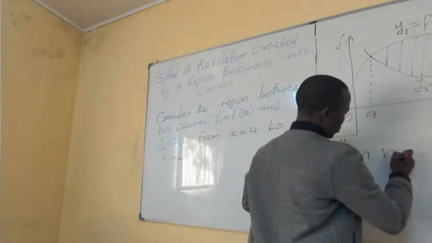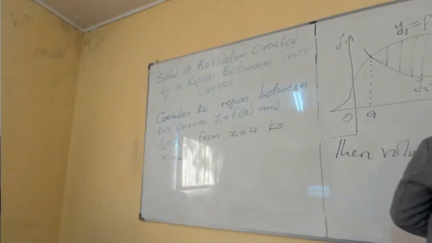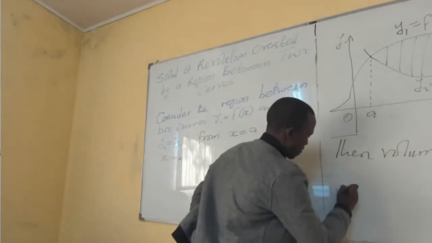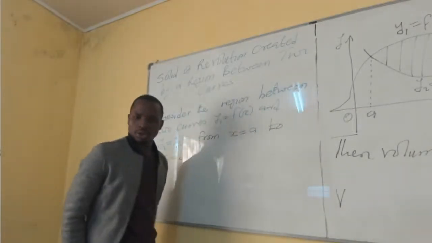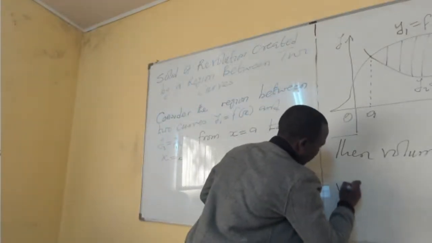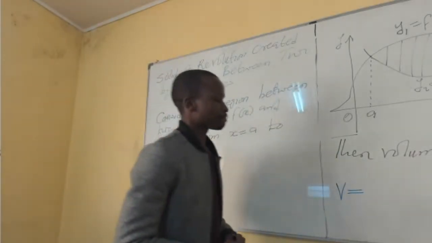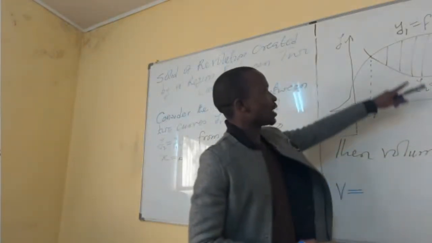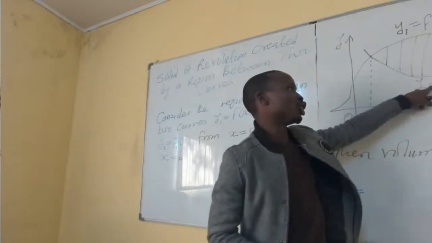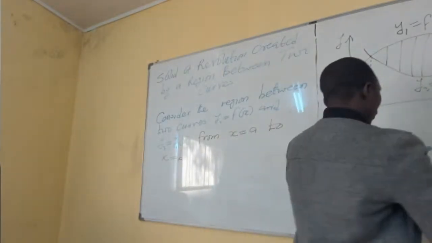the volume of revolution, which is equal to v, is equal to pi. Now you look at the function y1, which is equal to f of x, is greater than the function y2, which is equal to g of x.